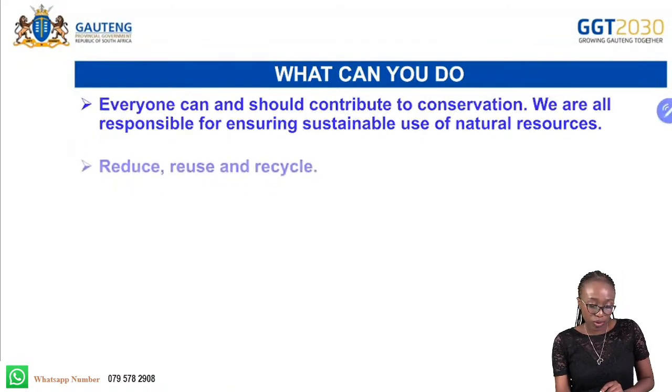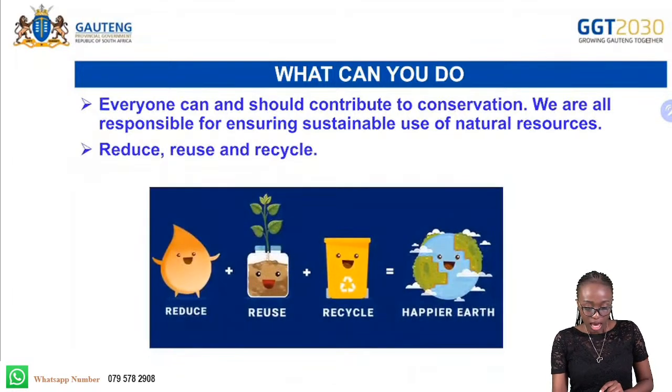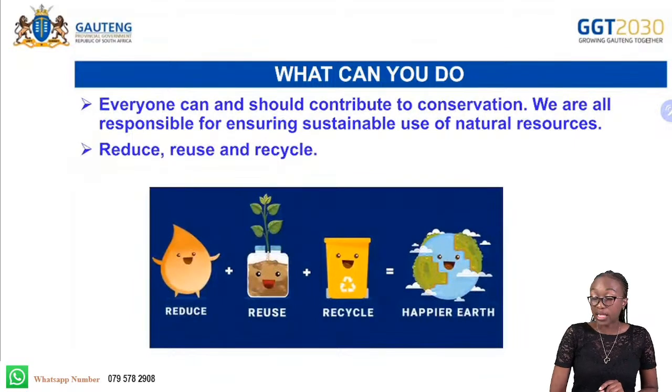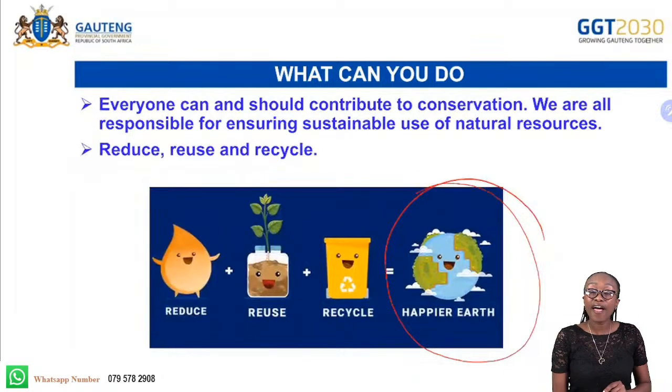And what else can we do? We can practice reducing consumption, reusing things that we have bought, and recycling. And what does this do for us? If you reduce, if you reuse, and if you recycle, this will result in a happier earth, which means the generations to come will get to enjoy this beautiful, majestic planet that we live in, just as we are enjoying it now.